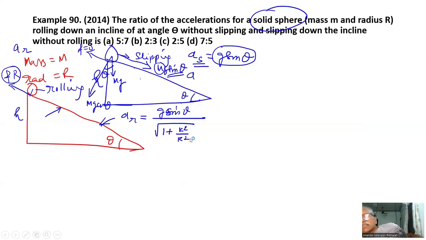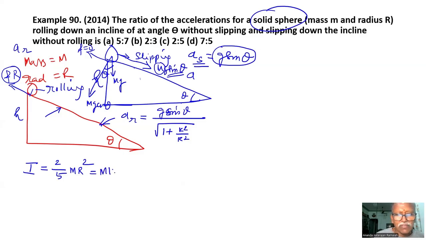Here it is a solid sphere. For a solid sphere, I equals 2 by 5 mr square. We know that this is equal to mk square, where k is the radius of gyration.